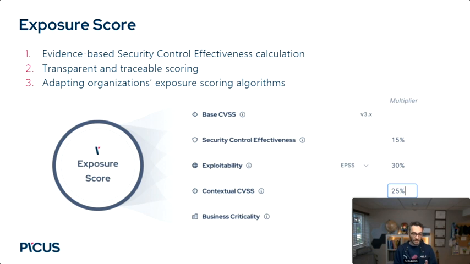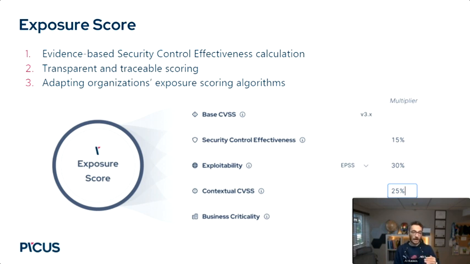Our exposure score combines 5 key factors, each with its own weight in the final calculation. Base CVSS provides, as we already talked about, the foundational severity assessment by the vendor, and that's your starting point. It's up to you how much value you want to keep there.